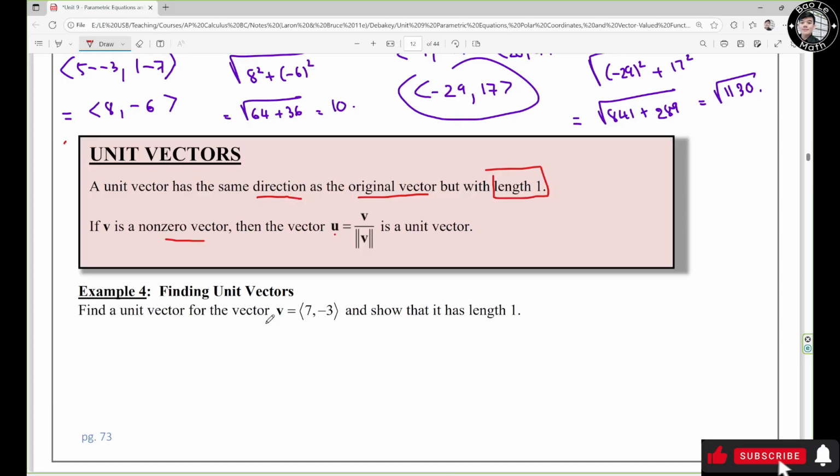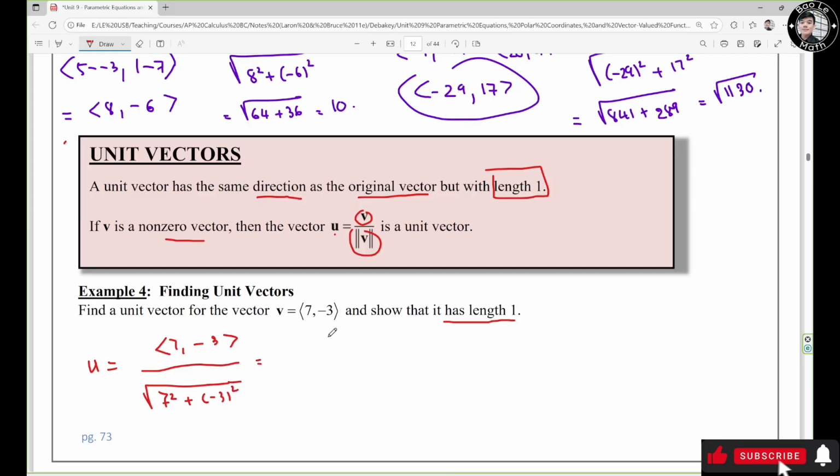Find a unit vector for the vector v equals 7, negative 3 and show that it has a length 1, right? So we have the unit vector is vector v, which means 7, negative 3, divided by its magnitude, right? Divide by square root of 7 squared plus negative 3 squared, right?